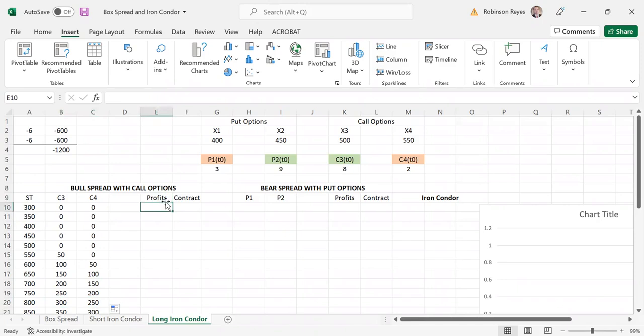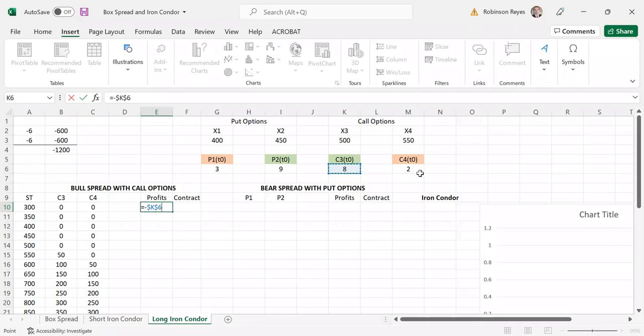That difference is the result of the different strikes, right? Once we have the intrinsic values, we calculate the profits. This is a bull spread with calls again. In a bull spread with call options, I am buying the low strike call option. I am paying $8 for each option, and I can lock this cell.